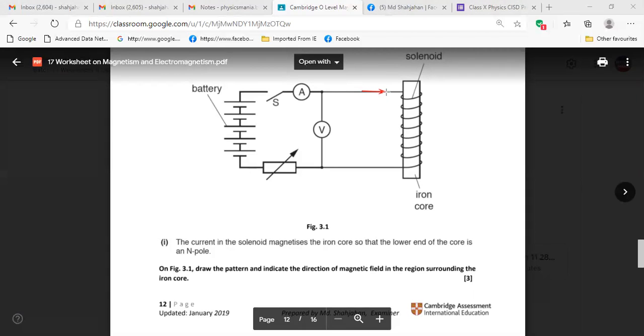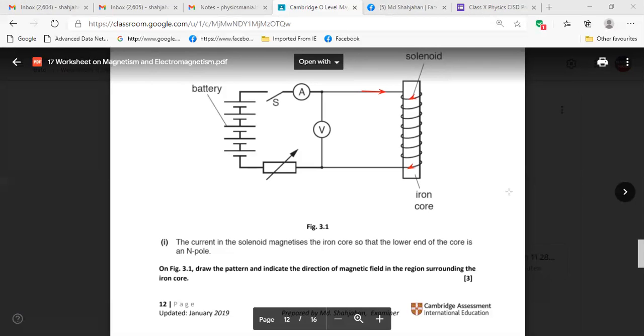So your direction of current in the wire will be like this. If it is like this, then your other fingers are shown in a direction that your thumb will be downwards, isn't it?